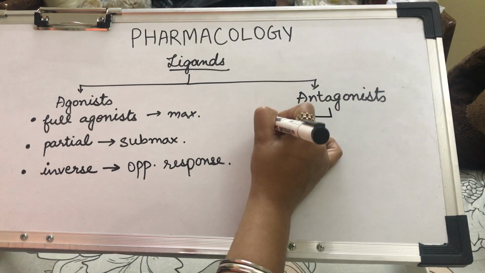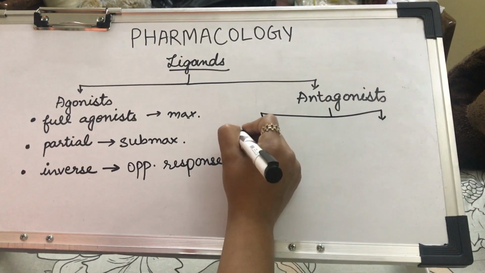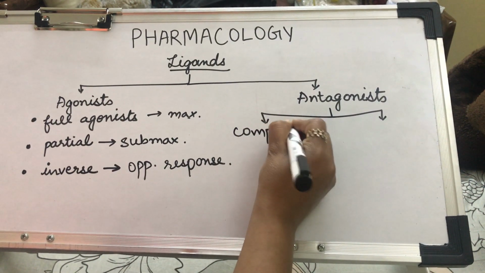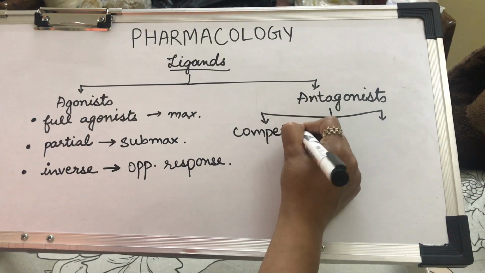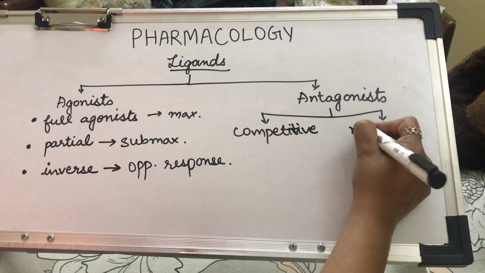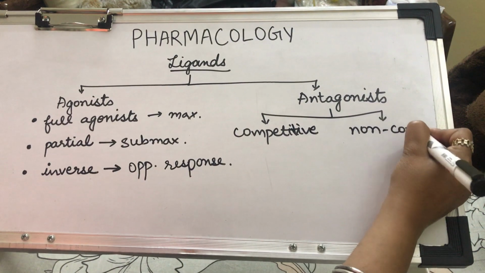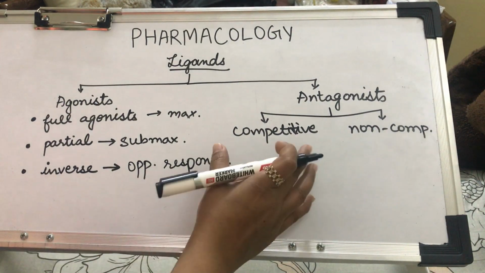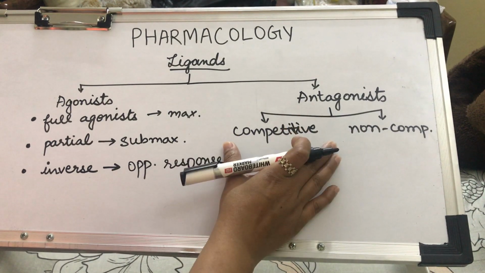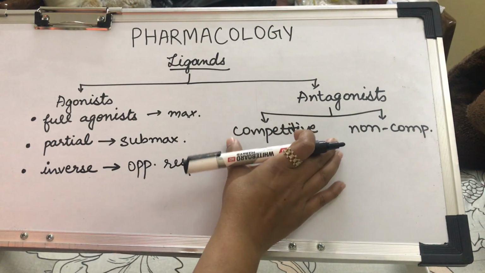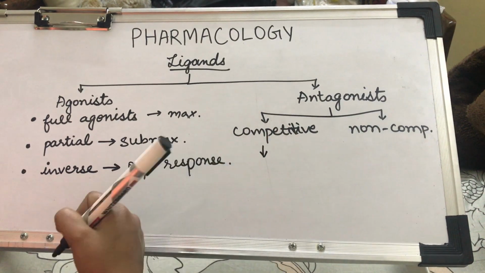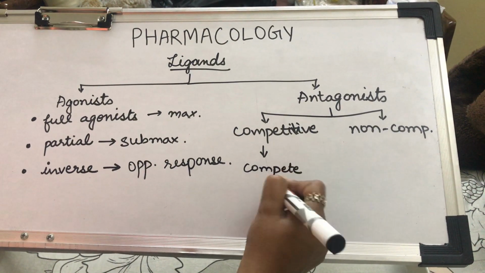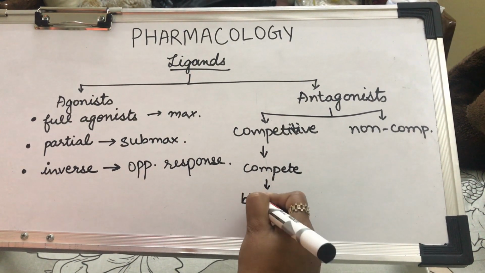Further, they are of two types. There are competitive antagonists and there are non-competitive antagonists. In competitive antagonists, as the name indicates, these are going to compete. And compete for what? For the binding site.